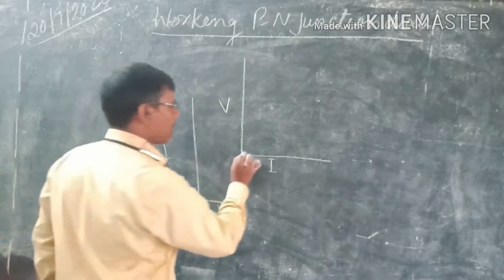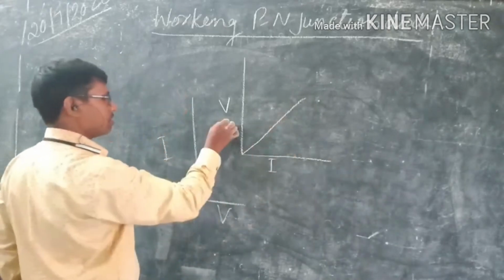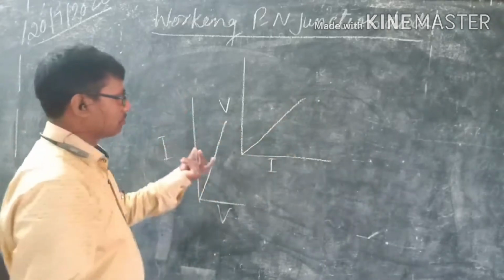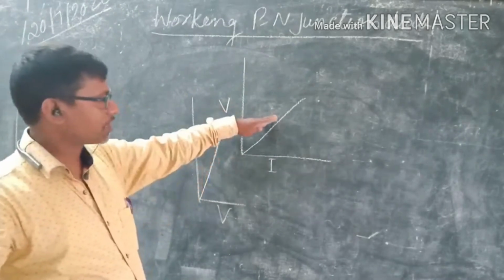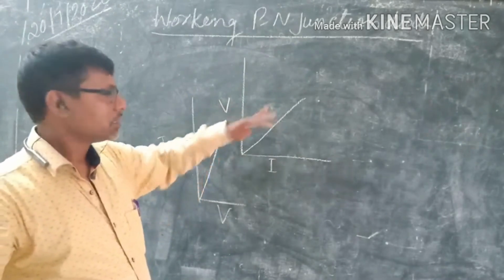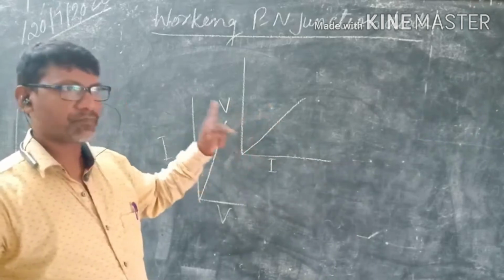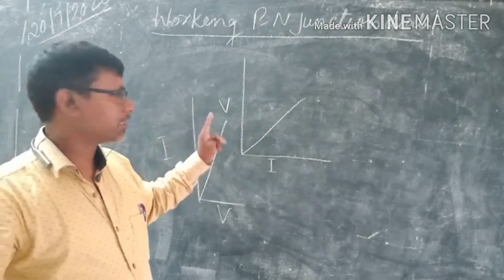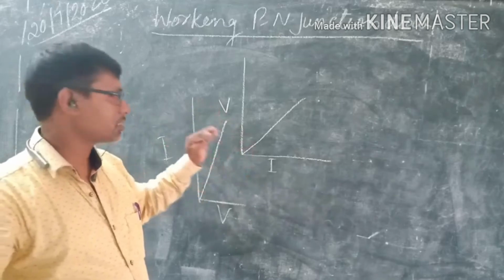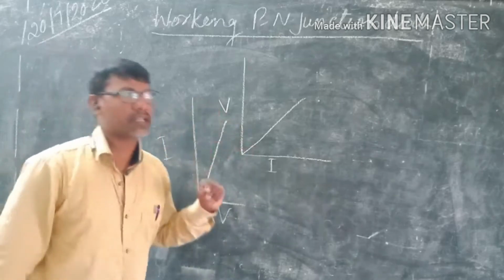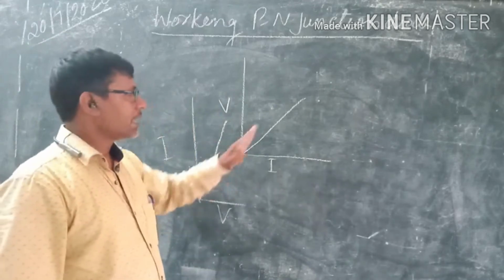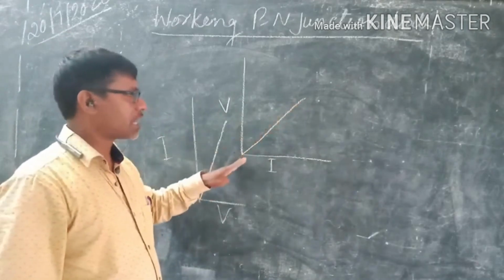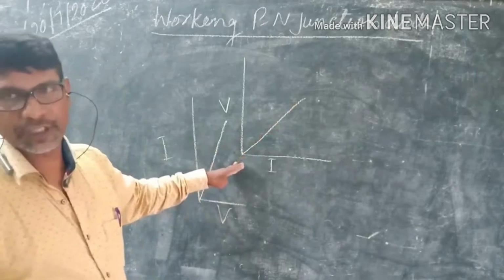So these two graphs, the graph itself is the characteristics. In case of a conductor, we know that the VI or IV characteristics of a conducting material is an inclined straight line passing through the origin.